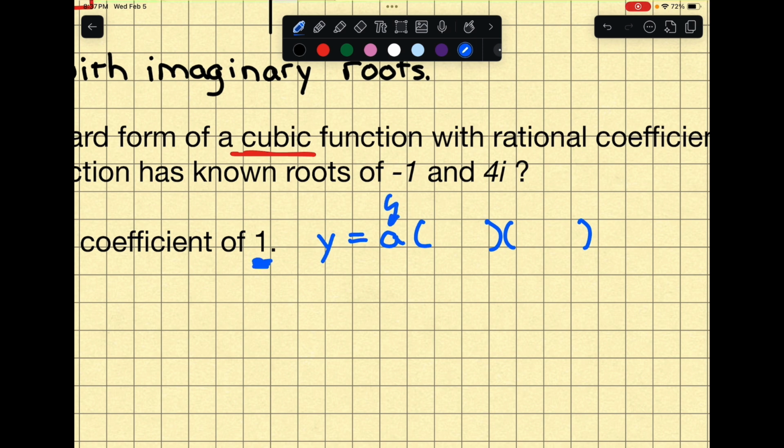If we're given in the problem that a is equal to 1, then we can just essentially drop a because it equals 1 and use our factors to come up with our polynomial. So that's why it's important to know what the leading coefficient is, because with just the roots by themselves, you can have an infinite number of different polynomials. So you need to know what the leading coefficient is so you can consider that.